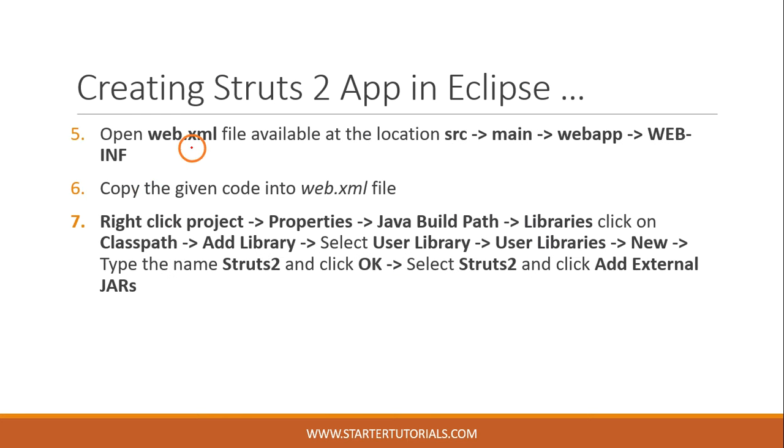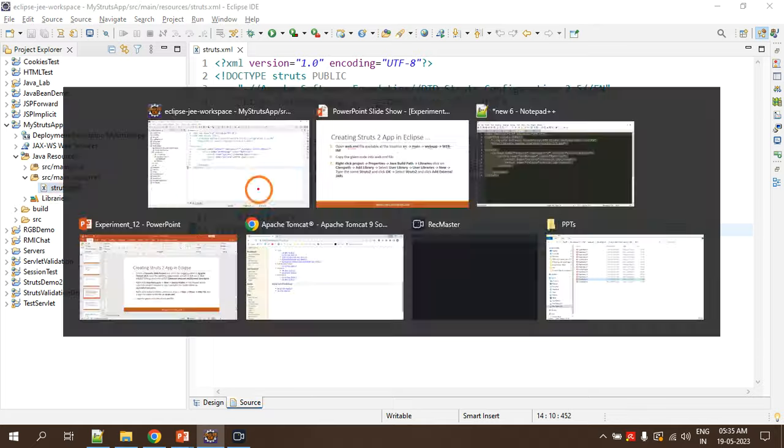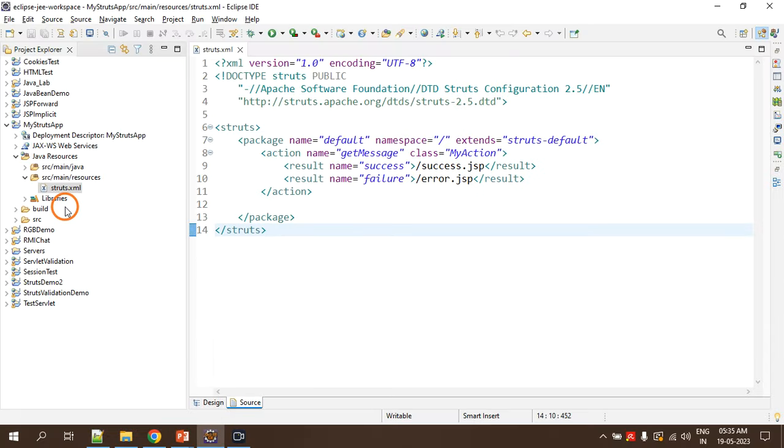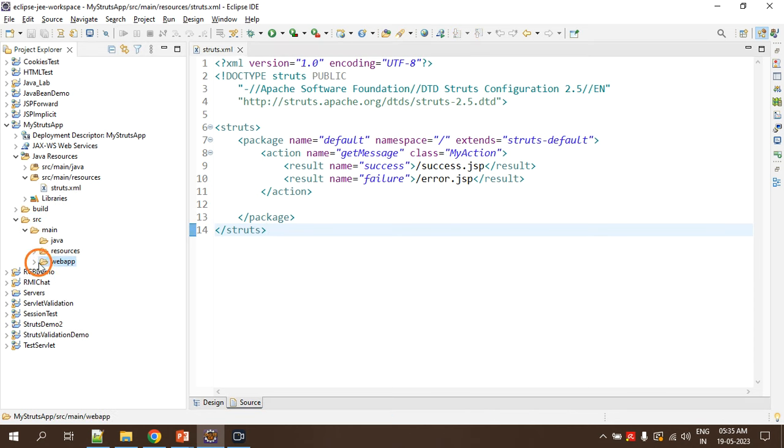Now step 5 is to open the web.xml file, which is available at the location src main web app WEB-INF folder. Here we have src main web app WEB-INF, and here is the web.xml file.